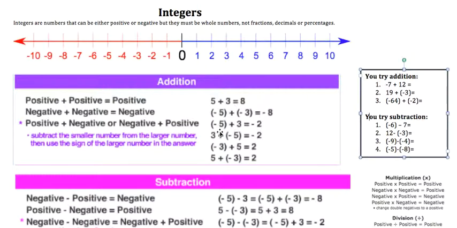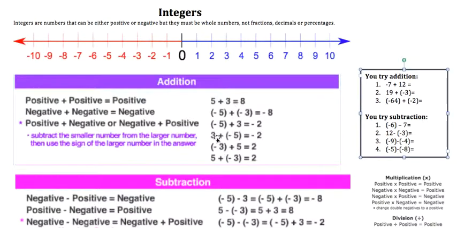Let's look at -5 plus 3. 5 is a bigger number than 3, and it has a negative sign, so my answer is going to have a negative sign as well. Now I just take away the smaller number from the bigger number. So -5 plus 3 gives us -2.